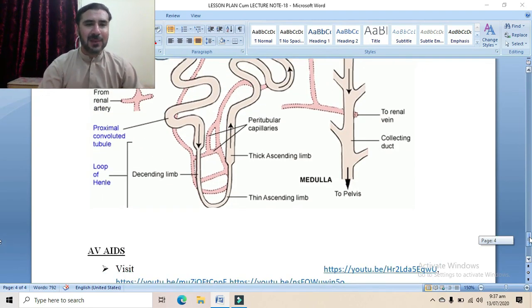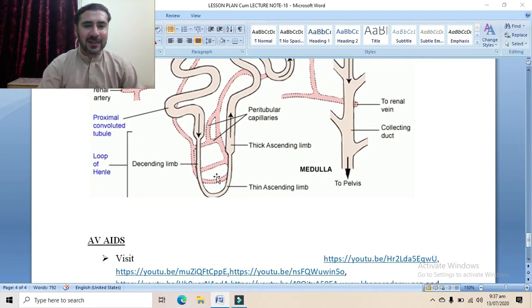Now what ultimately will happen? Ultimately this water will be reabsorbed by these blood capillaries which are surrounding this loop of Henle. So as a result, the water will flow inside these capillaries into the renal vein and then into the inferior vena cava, and in this way the water will be retained within the body and the urine will be concentrated.